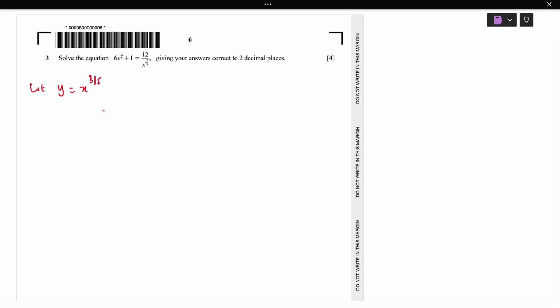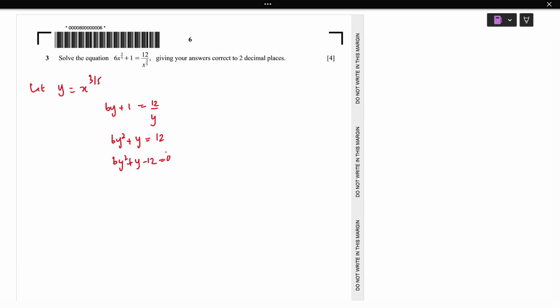What will happen? 6y plus 1 equal to 12 over y. Next, I'll multiply this y to the left side. So 6y square plus y equal to 12. So 6y square plus y minus 12 equal to 0.